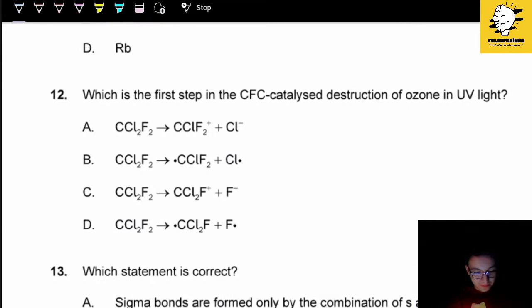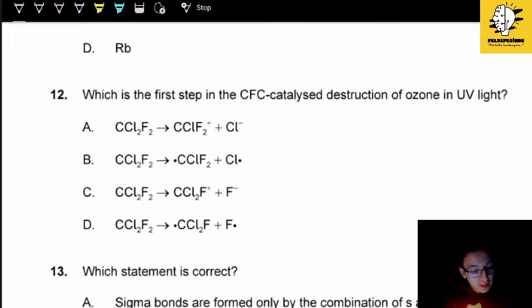So question number 12. I am sure this is a topic that most of us forgot about, because this is the ozone destruction by CFC catalyzed destruction. And let me be honest with you, I even forgot about this. I mean, definitely, because there are too many equations regarding this problem.